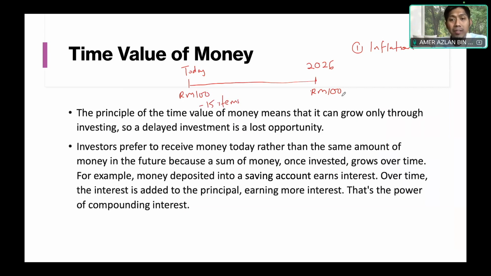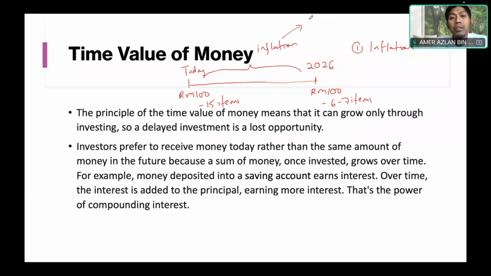However, in 2026, with 100 ringgit, maybe we could only afford to buy between 6 to 7 items. Why is this happening? Because over time, the value of money will slowly reduce due to many factors. One of them is inflation.